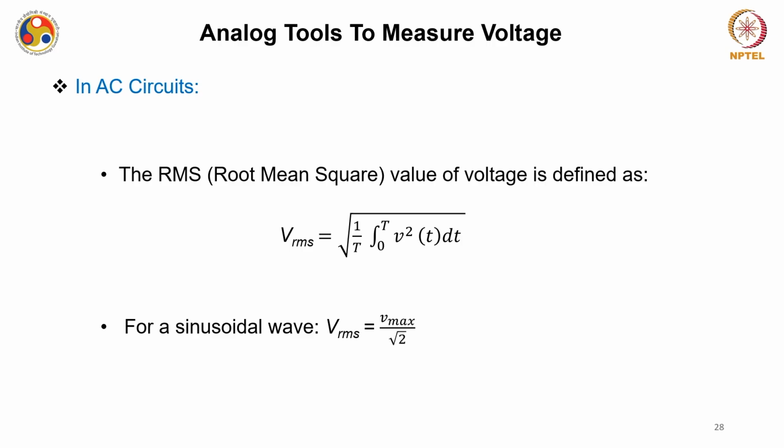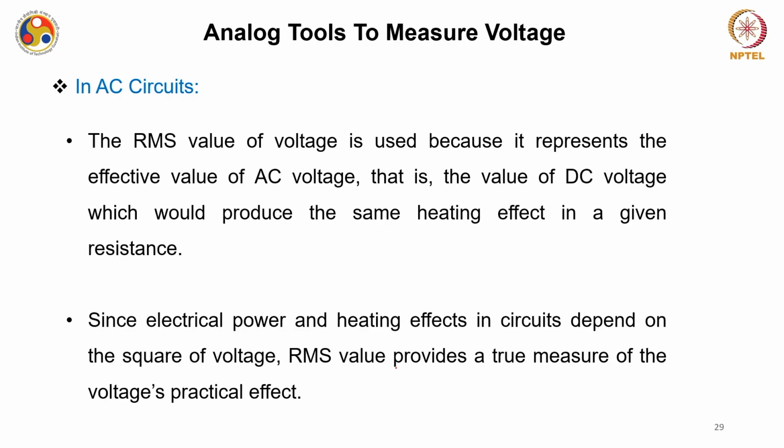For a sinusoidal voltage, like what we have just seen, this Vrms can be given as Vmax by root 2. The RMS value of the voltage is used because it represents the effective value of AC voltage, that is, the value of the DC voltage which would produce the same heating effect in a given resistance.